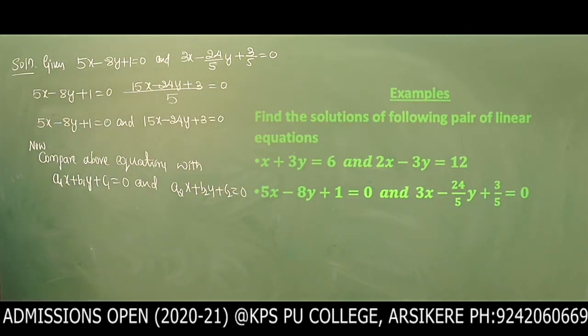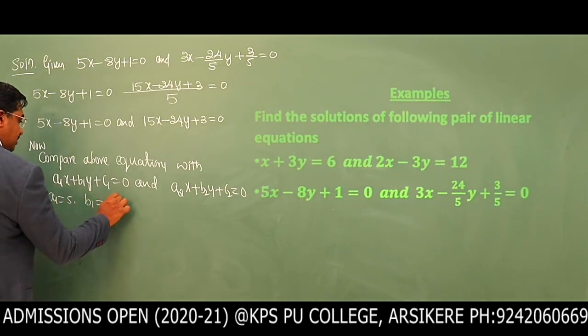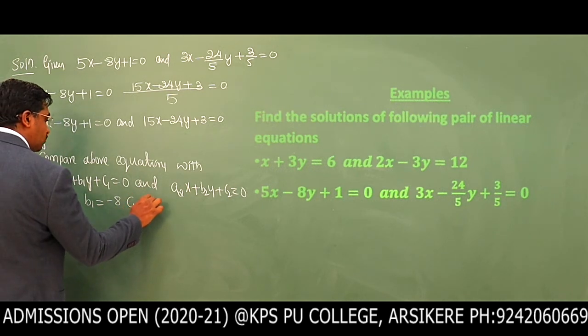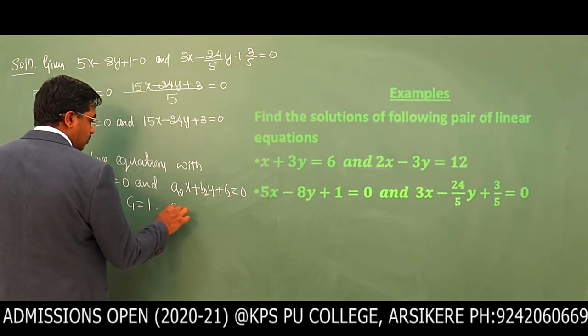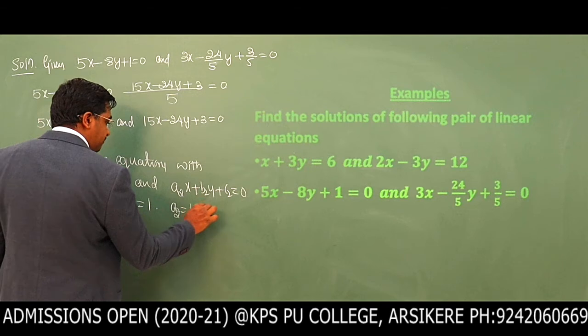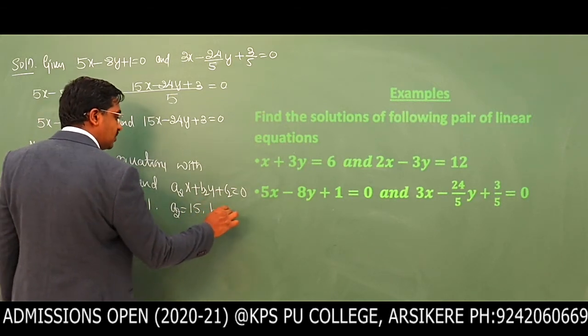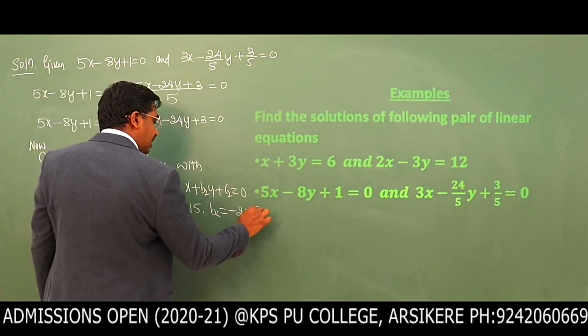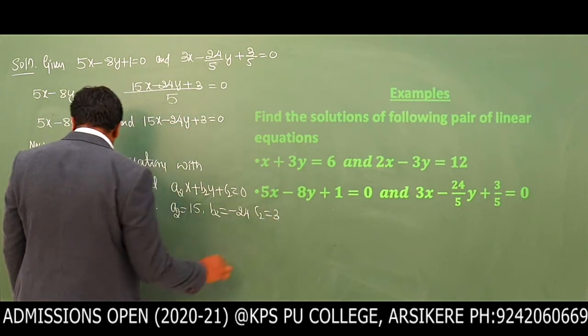So what is the a1 value? a1 is 5, b1 is minus 8, c1 is 1, and a2 is equal to 15, b2 is equal to minus 24, and c2 is equal to 3.